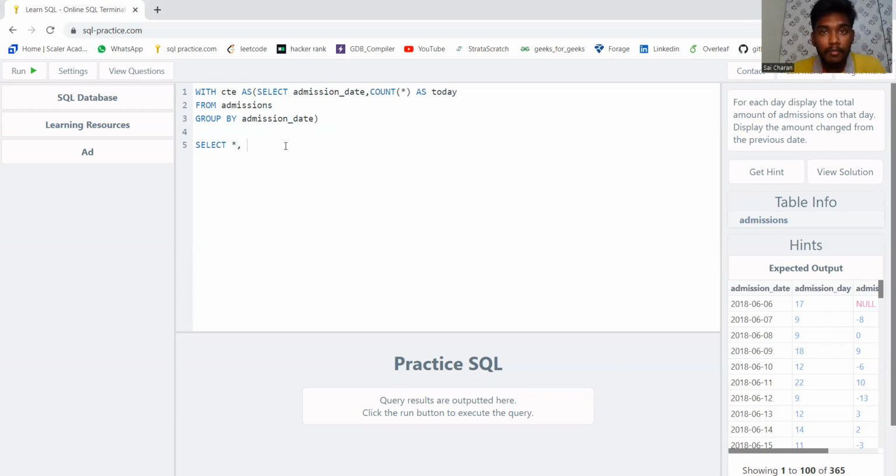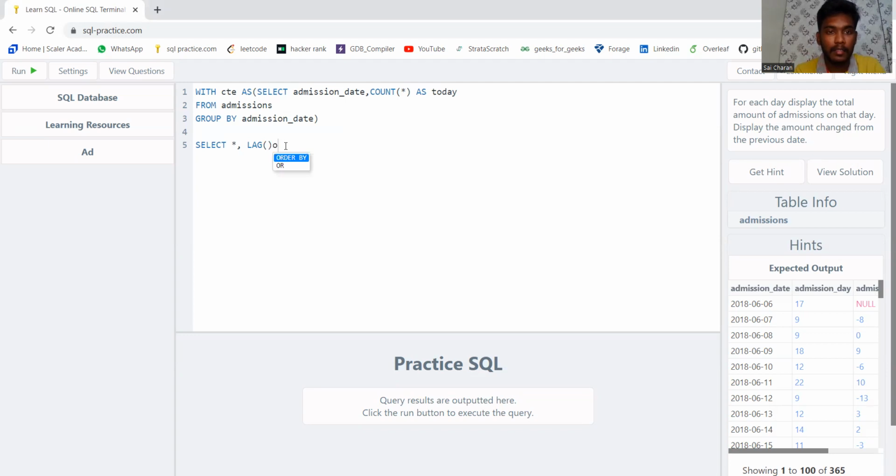Now, do you know the meaning of lag? Lag means something behind, right? In windows there is a facility called lag.